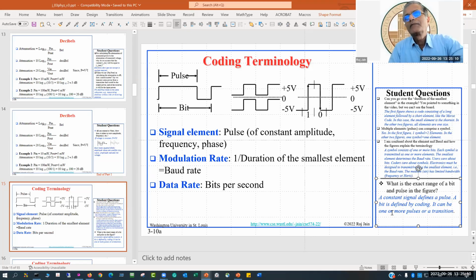So it can be defined by 1 or more pulses or a transition. The bit is up to the person who is signaling, and the pulses are in the signal. There could be variable length, constant length, sine waves, anything.